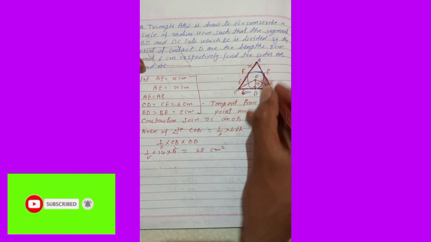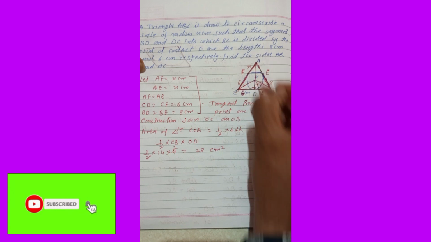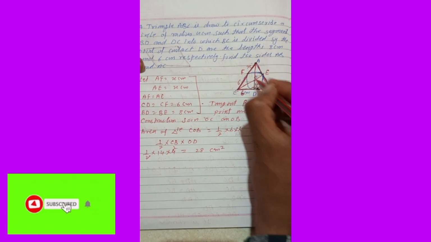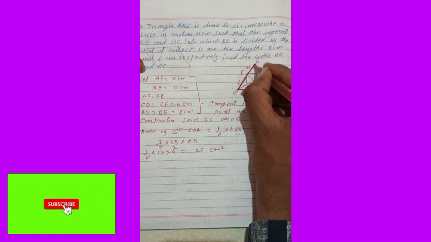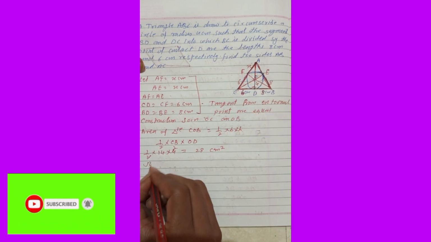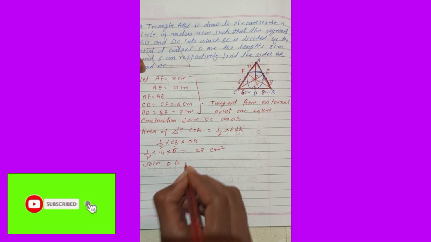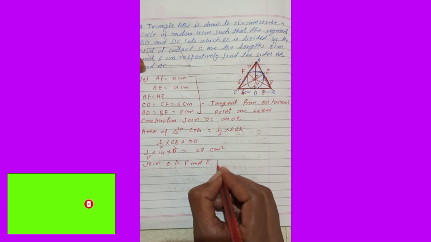Suppose that this also we join, OC also, OA like this, and all these are the radii of the circle. Now similarly join all this. So these triangles become similar triangles. Now join O to F and E and A also.